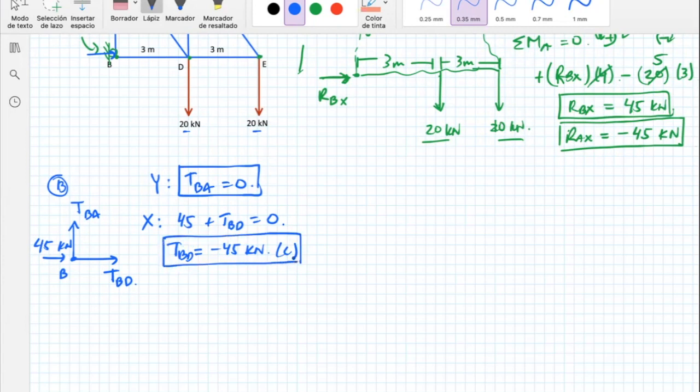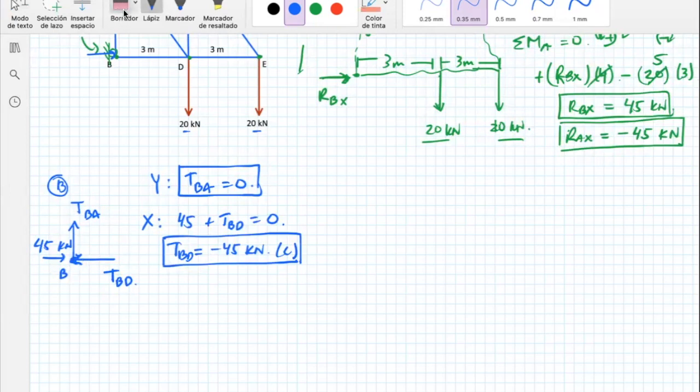And you need to know that this one is in compression. What that means is that instead of TBD trying to pull this joint, it's actually doing the opposite. So it's pushing. I'm going to put it like this. It's actually pushing this joint B, this truss member BD.